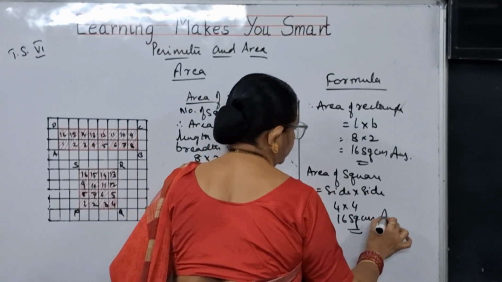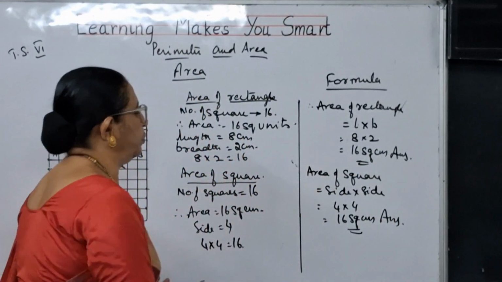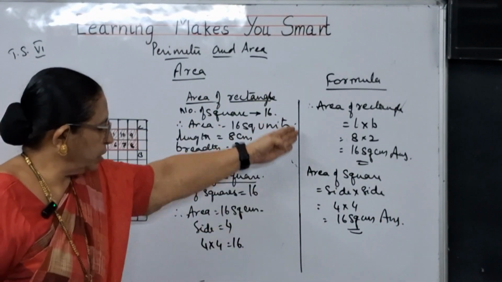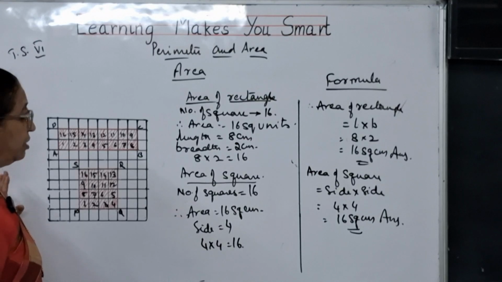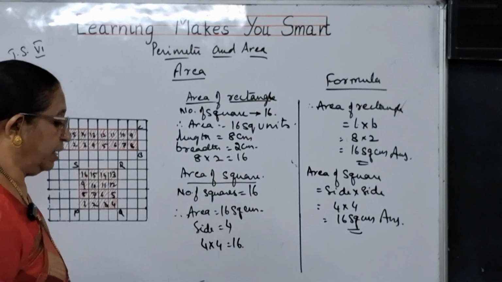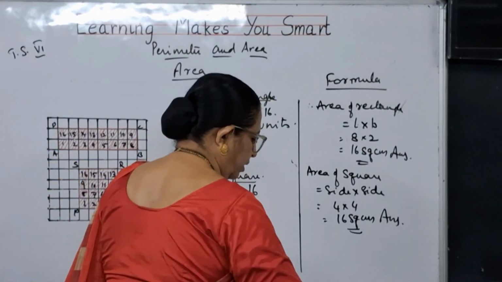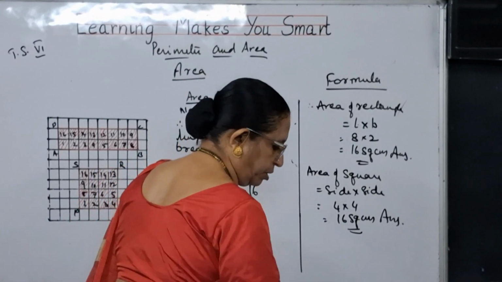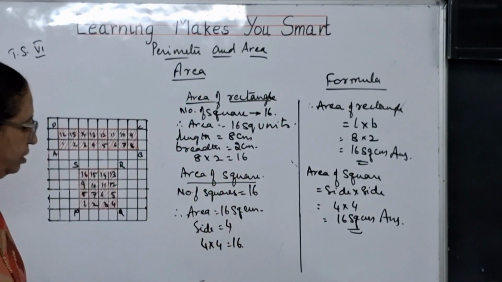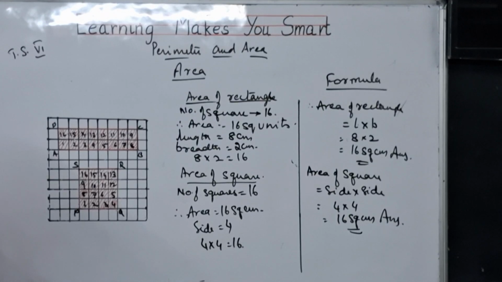So hereafter, this is the answer. Hereafter, when you are doing the sums, you are going to use the formula. But this is an introduction, children, which will give you about area of rectangle and area of square. I hope I am clear to you, children. Please note it down.